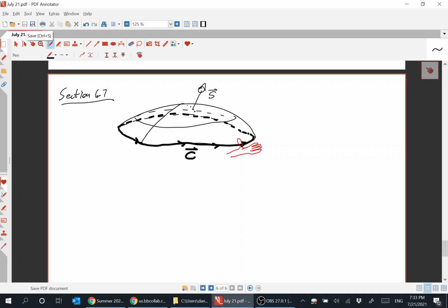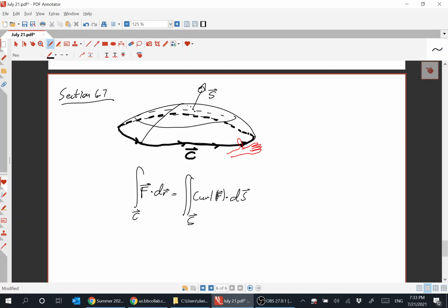Okay. And in this case, the line integral over C of f dot dr is equal to the surface integral over S of curl of f dot dS.